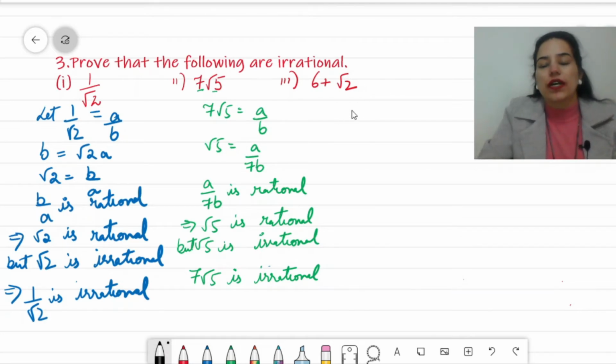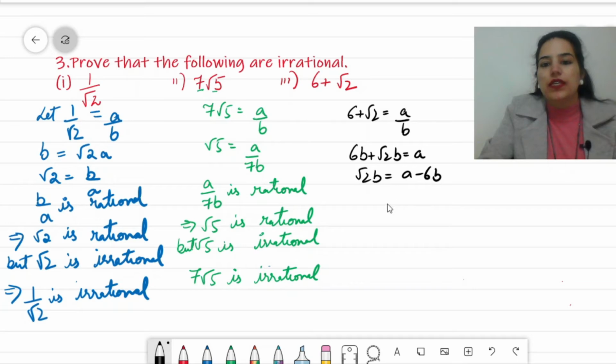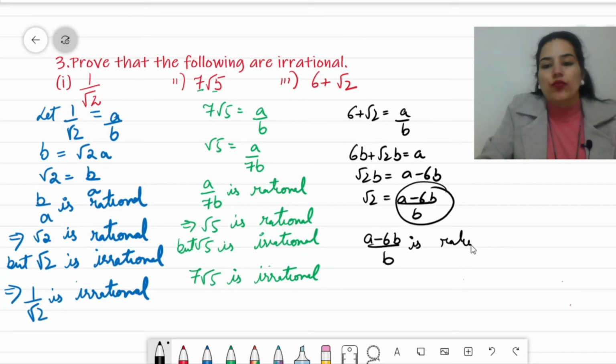Then the last one, 6 plus root 2. Again, let 6 plus root 2 be equal to a by b. I will cross multiply: 6b plus root 2 b is equal to a. Root 2 b is equal to a minus 6b, and root 2 is a minus 6b upon b. Now this here is completely all about integers. So a minus 6b by b is rational, which we have proven equal to root 2, which implies root 2 is rational.